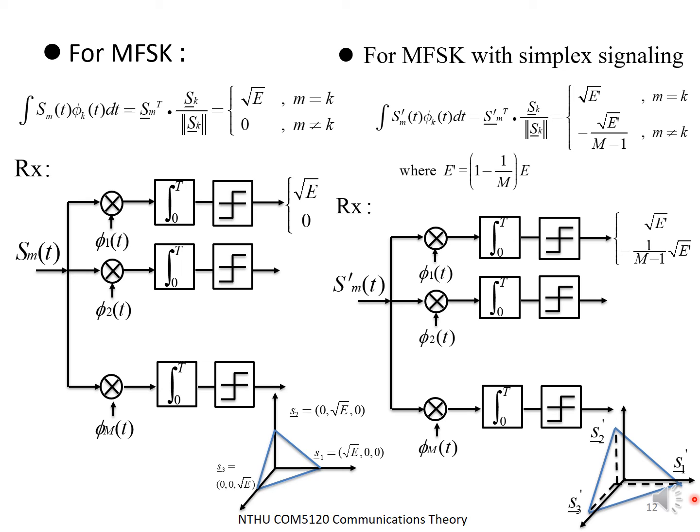Compared with M-ary orthogonal signaling, there's no benefit on complexity, because the number of bases remains M different bases, so it remains unchanged.